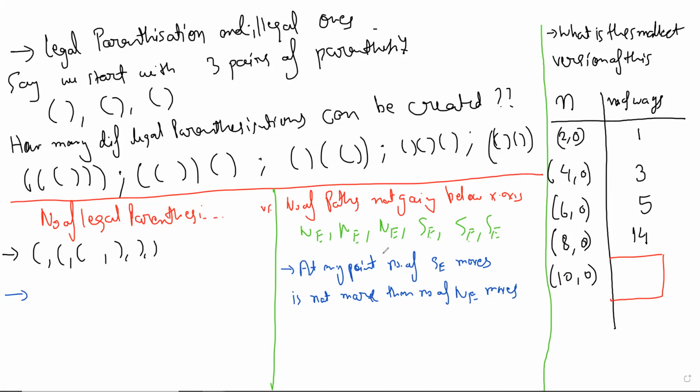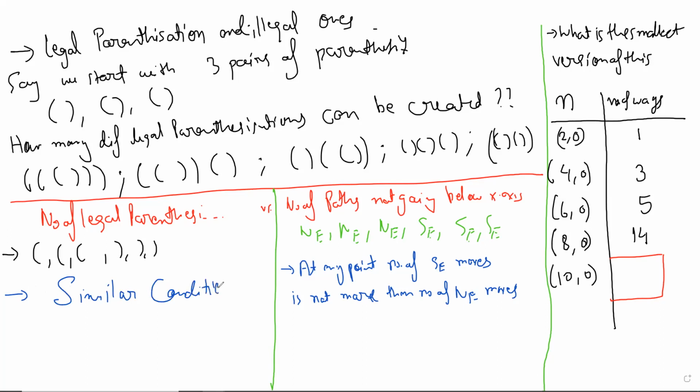Yes, exactly. At any stage, the number of closed parentheses cannot be more. You cannot close more parentheses than you have opened. And that is the only condition. So it's just the same condition.